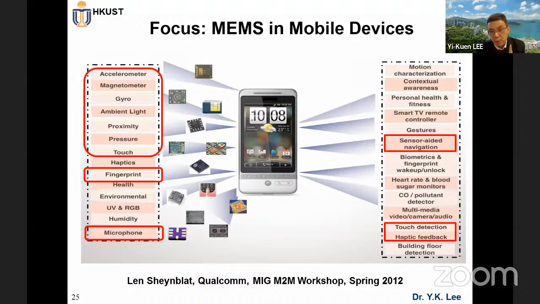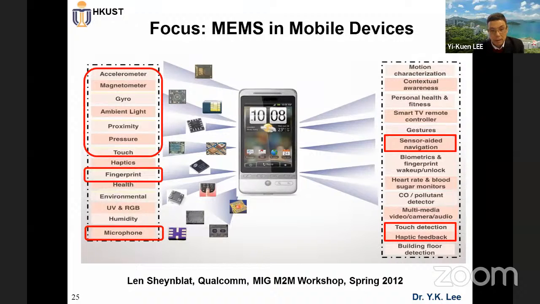But if you go through a tall building, the barometric pressure sensor can provide the altitude. So for navigation, it is quite useful.